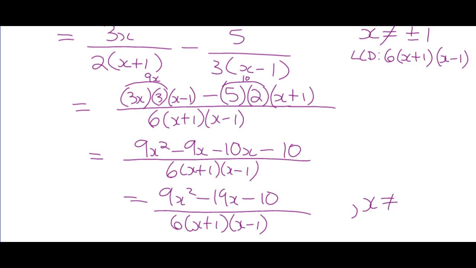And remember the restriction, right? Because it tends to disappear off the top of the page. Or for you guys, it's like 6 lines further up the page, and it tends to be out of sight, out of mind. But it's still there. Now, here's the question: should I do anything with the 9x squared minus 19x minus 10? Here's the answer.